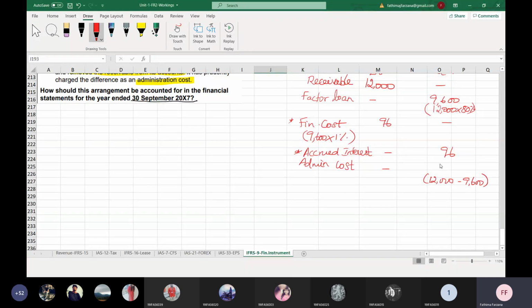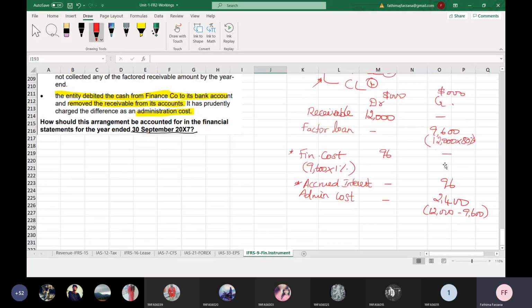You have to reverse it. Where will you show that? It is already included in your receivable. The entire 12,000 is shown in receivable, and in that 9,600 I borrowed as a loan. This 2,400 you have to reverse because it's already in the receivable. That's the treatment which you have to do.